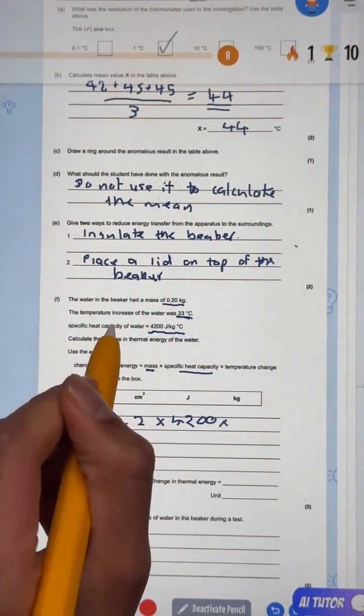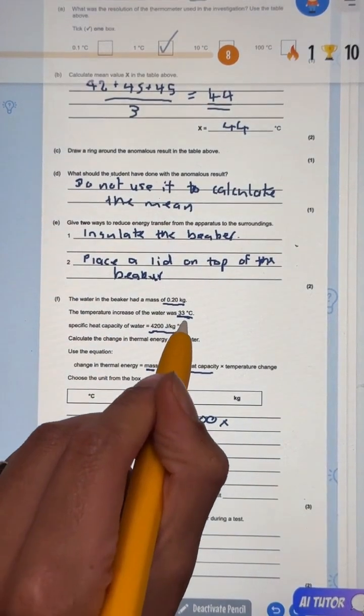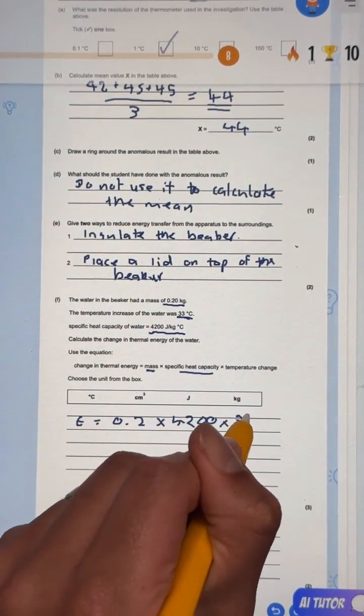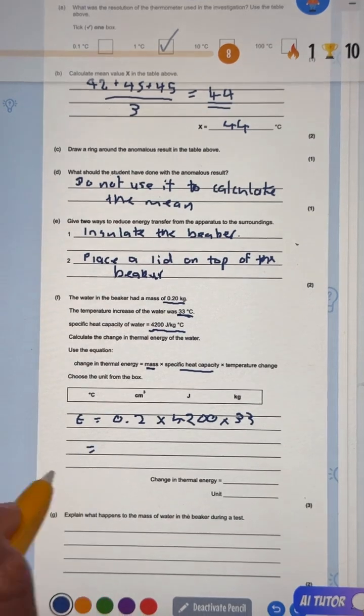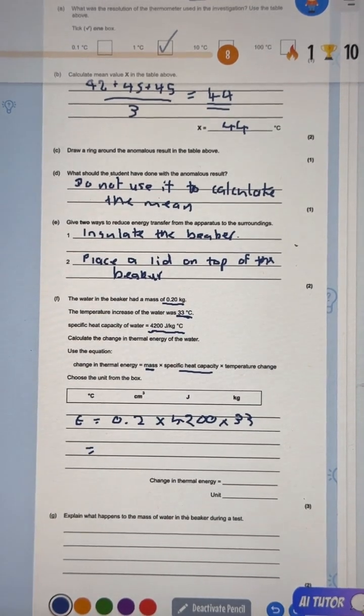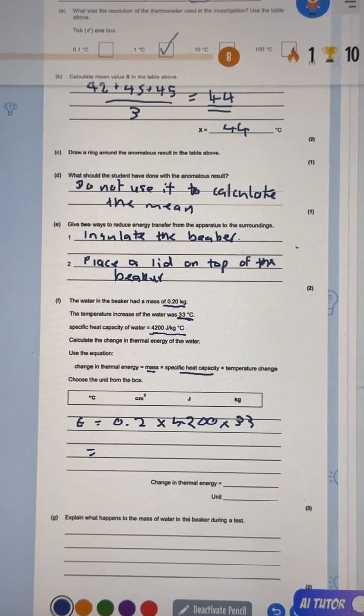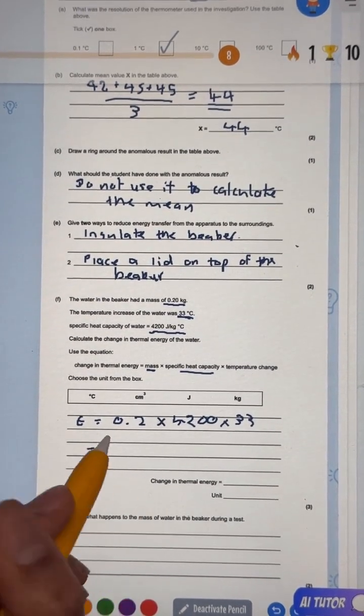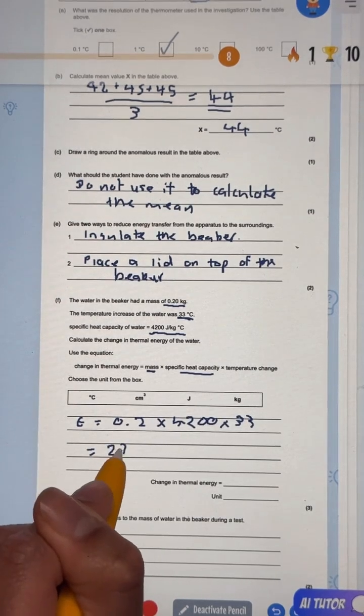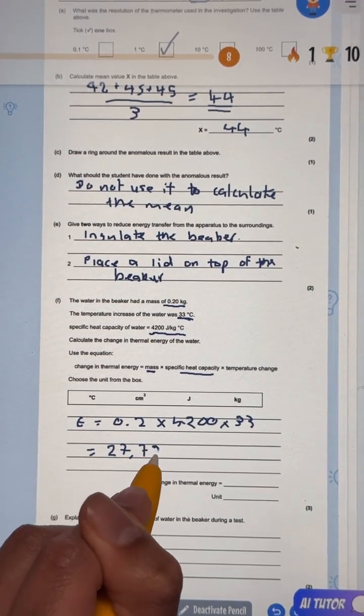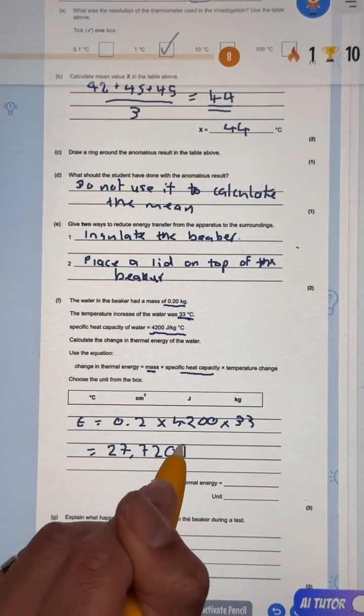In this case, they've talked about a temperature increase. So that is your temperature change, which is 33 degrees C. So putting that together, I don't know if anyone's worked that out, 0.2 times 4,200 times 33, that is equal to 27,720 joules.